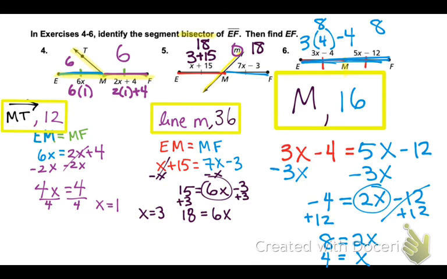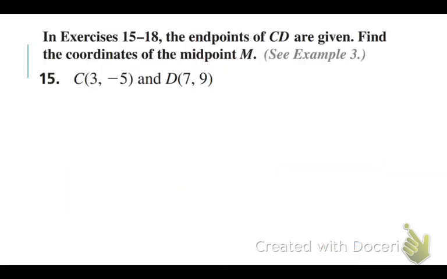All right, we got one more. You want to write down the directions, find the midpoint. We're going to find the midpoint between these 2 points. So you'll want to write down these points, 3, negative 5, and 7, 9.